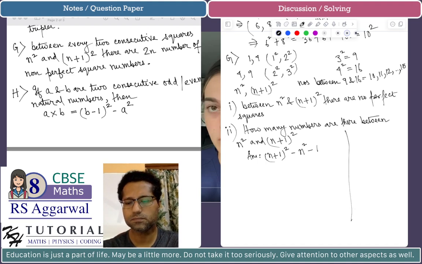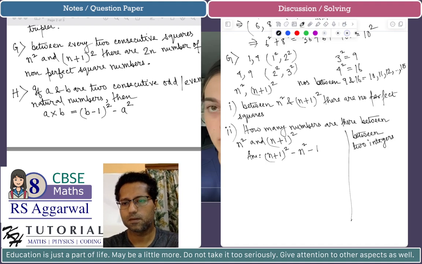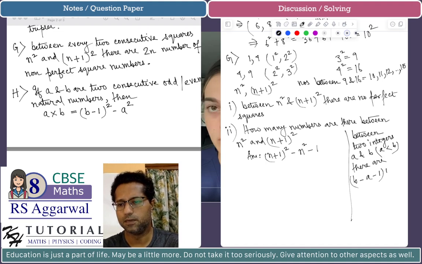The concept is, always remember that between two integers a and b, where a is less than b, there are b minus a minus 1 integers.